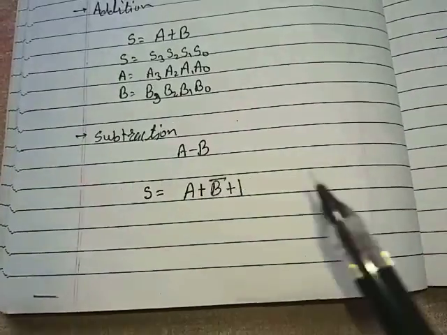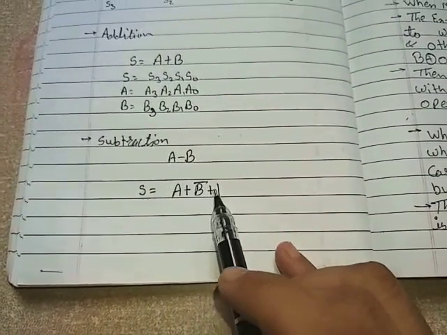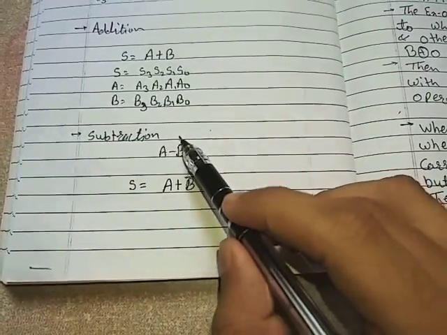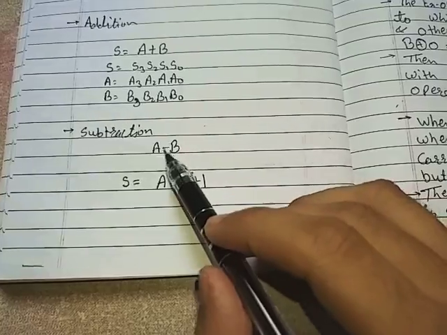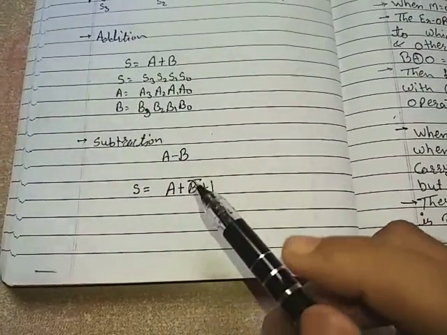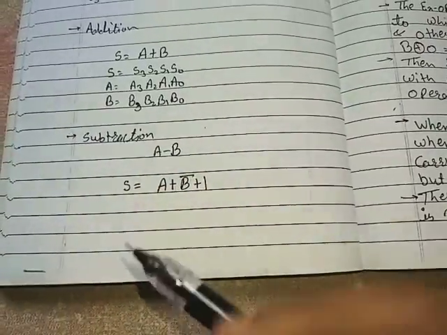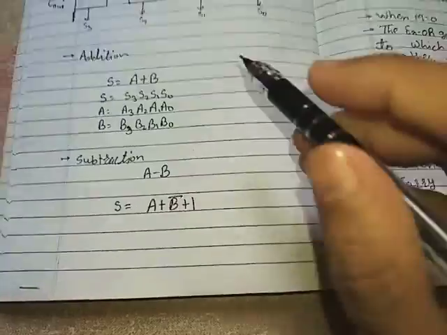In subtraction, if I want to subtract A minus B by using 2's complement, first I will take the 2's complement of B. So how do we take the 2's complement of B? First we take the 1's complement of B, or we can say first we pass the input through a NOT gate, and then we add binary 1.